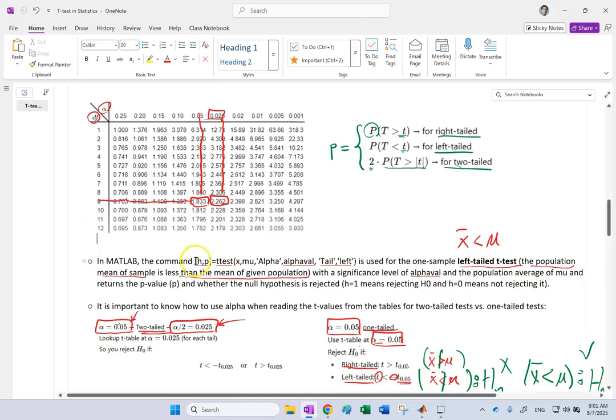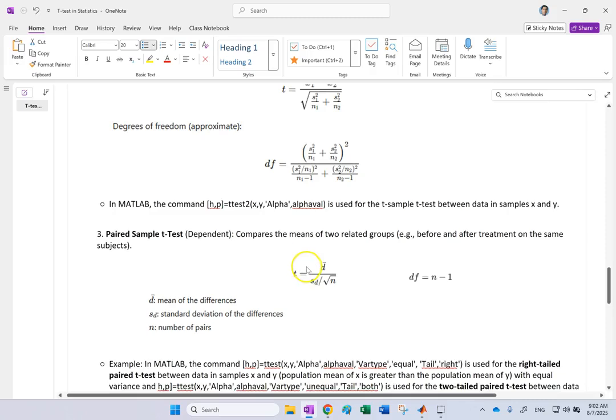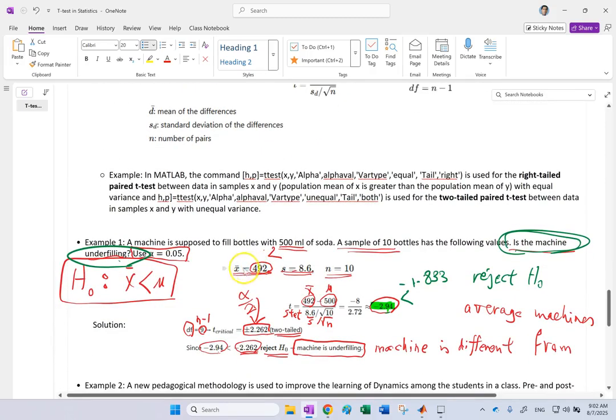So here, I'm going to go with this command in MATLAB, and I have to create data for this test such that x ultimately gives you x bar of 492 and s of 8.6 and 10 data points.